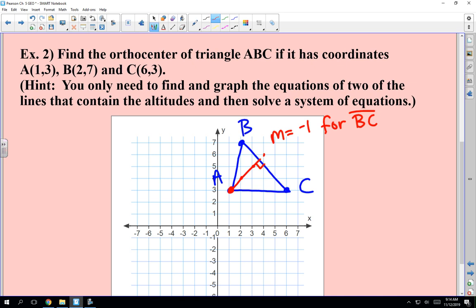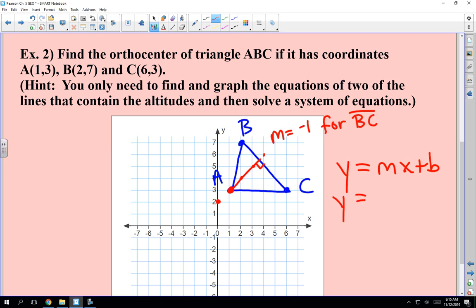If I were to continue to the left, I'd go left 1 and down 1, and I would eventually hit at 2. So could you write the equation of this line? We want y equals mx plus b form, a little algebra review.